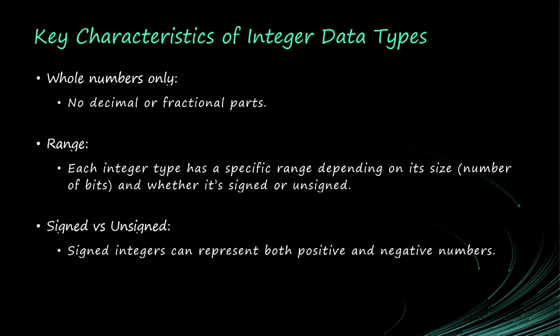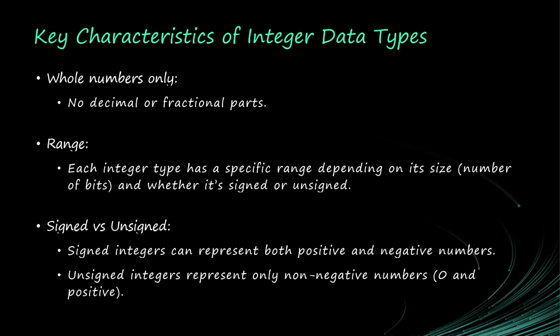When it is a positive number, there is no need to add a plus in front of it, but if it is a negative number, you preface it with a minus sign. That's why we call them signed integers. They can represent both negative and positive numbers.